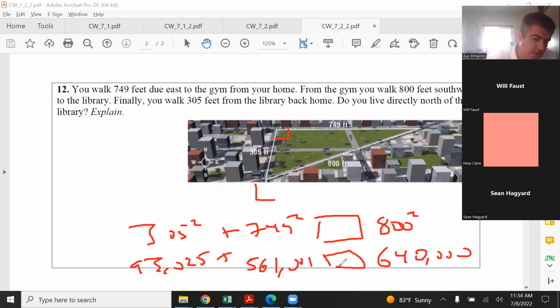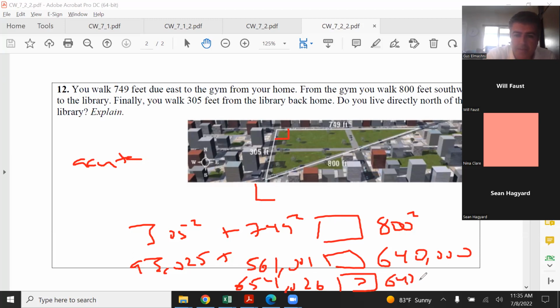So if you do 561,001 plus 93,025, that becomes 654,026. Obviously, that's bigger, so this is actually going to make this an acute triangle. So the answer is no. You don't have to look directly north because it's not a right angle. So that's number 12.